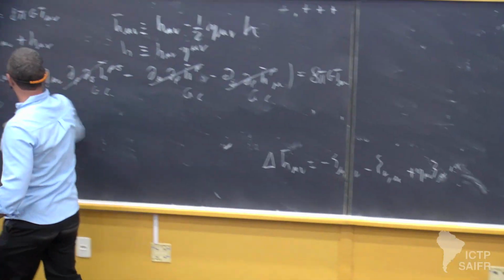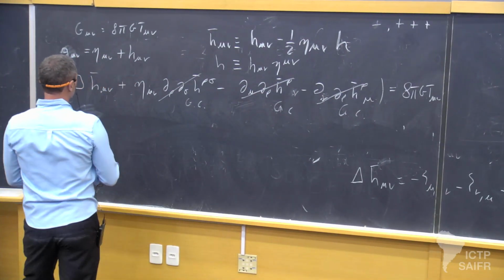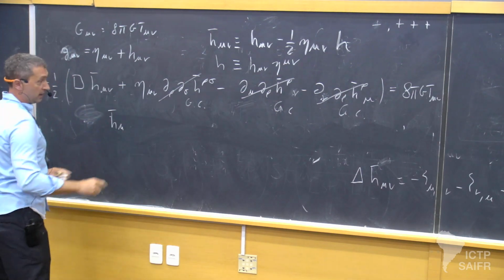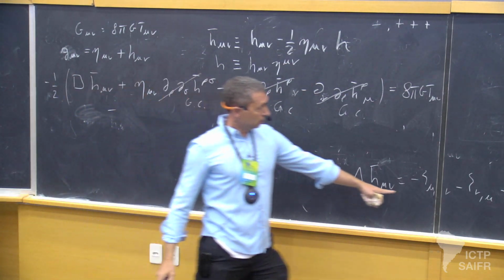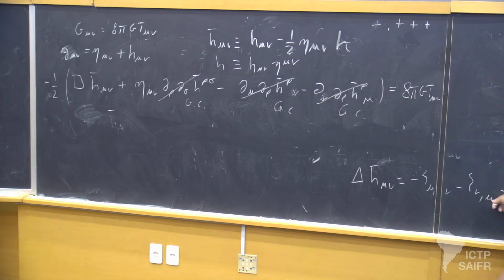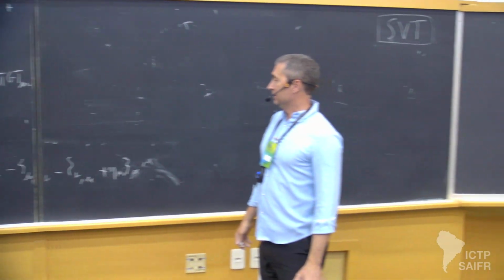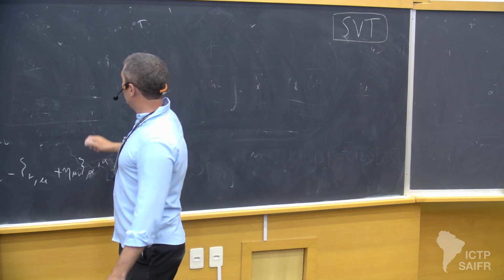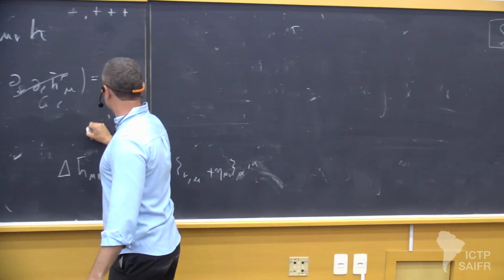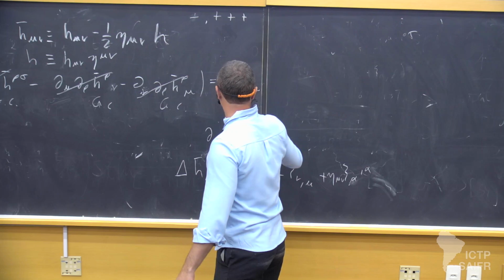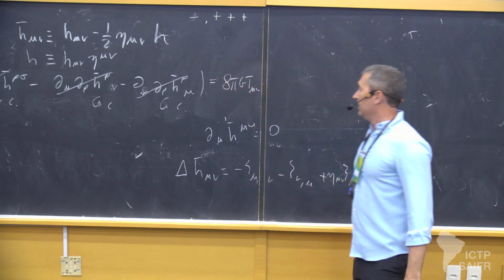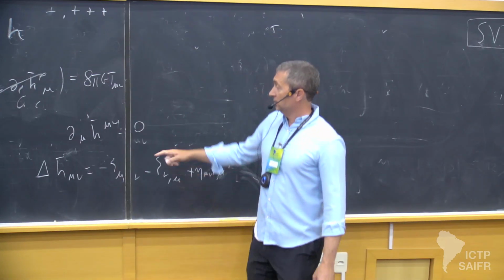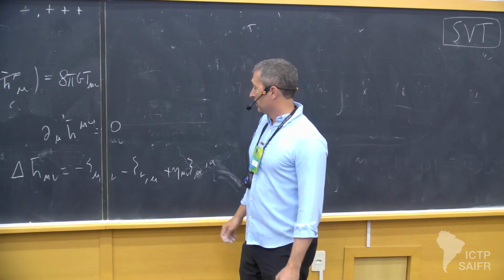So, what happens here? I have my H mu nu, my H mu nu bar that satisfies this coordinate transformation. Then look at what happens. If I want to preserve my gauge condition, can I shift my H bar by some psi and still satisfy my gauge condition? The answer is yes.